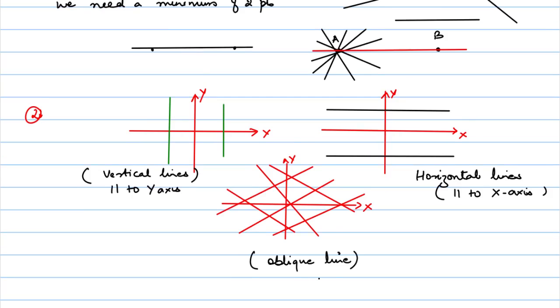Next, we should remember that there is certain terminology associated with straight lines. The first word that we should be aware of is inclination. What does inclination mean?